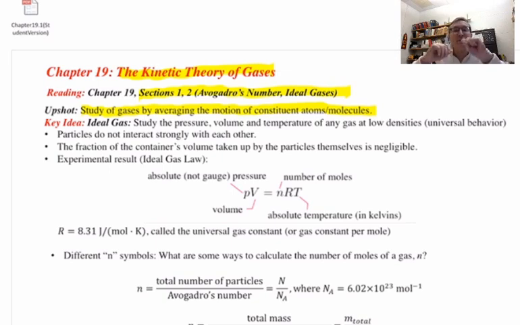Nitrogen gas is N2, two nitrogen atoms bonded together to make an N2 molecule. Oxygen is also diatomic, two oxygen atoms bond to make an O2 molecule. H2O, of course, is three atoms bonded together, or CO2 is three atoms bonded together. Those are molecules with two or more atoms bonded together.